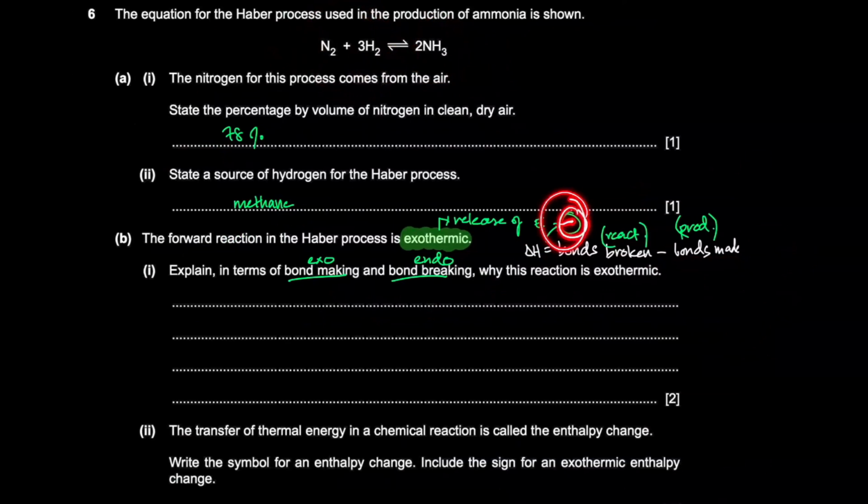All right. If the overall change is exo, that means overall change is negative. That means bonds made is greater, right? So then we can say that if the overall change is exothermic, bond making is greater.